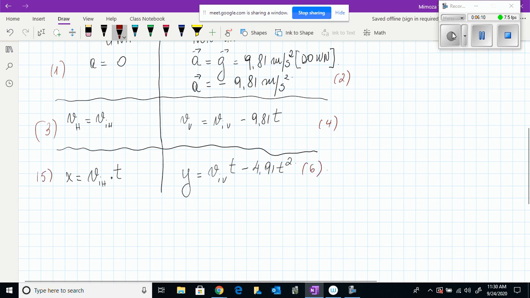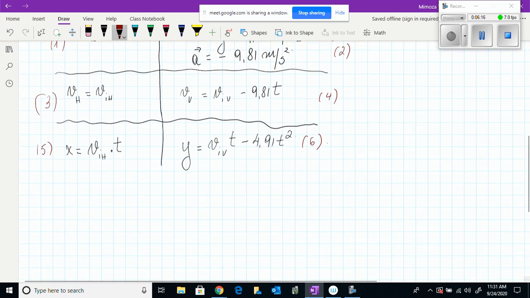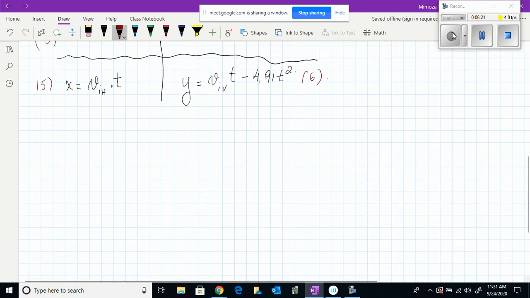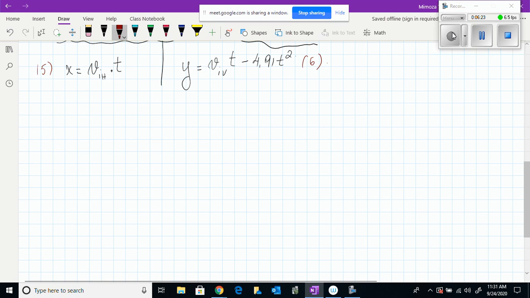What we will do today is see what is happening with those equations in terms of graphing. So we'll discuss them from the horizontal and from the vertical component. The very first thing that we will see is the acceleration in the horizontal versus time graph.